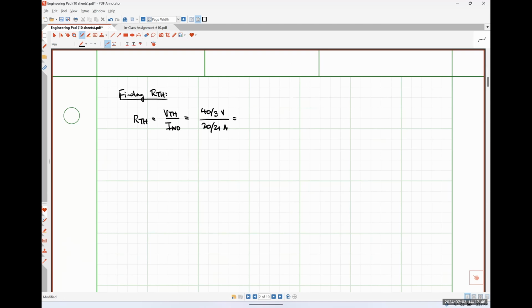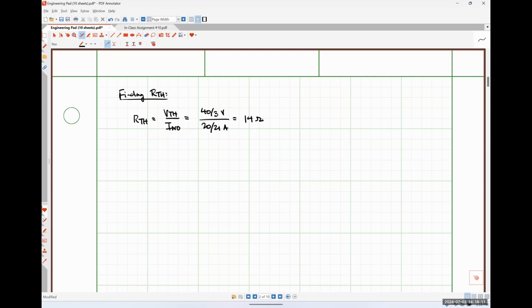Let me throw that in my calculator. That comes out to be 14 ohms. So that's the result that we got by taking the ratio of the Thevenin voltage to the Norton current.